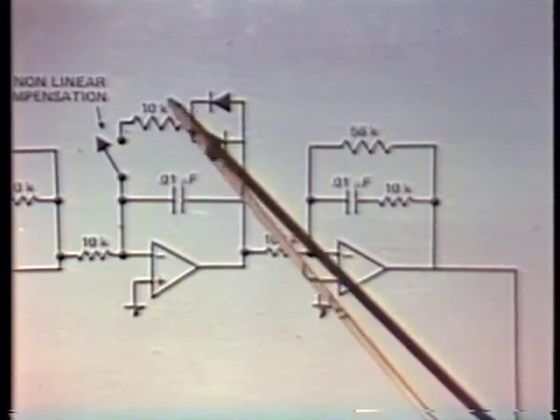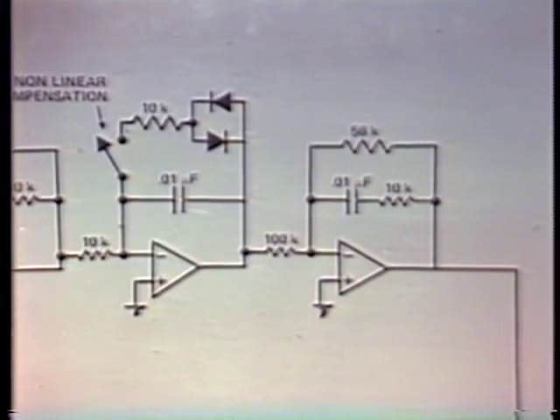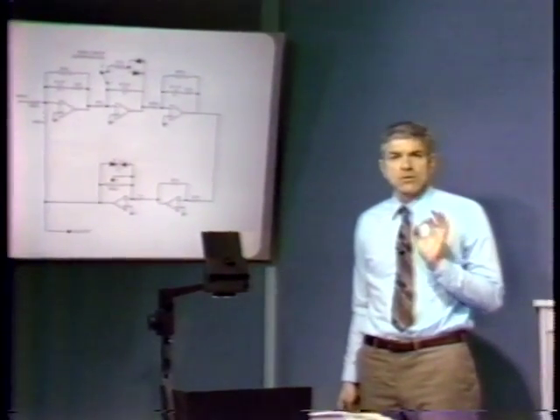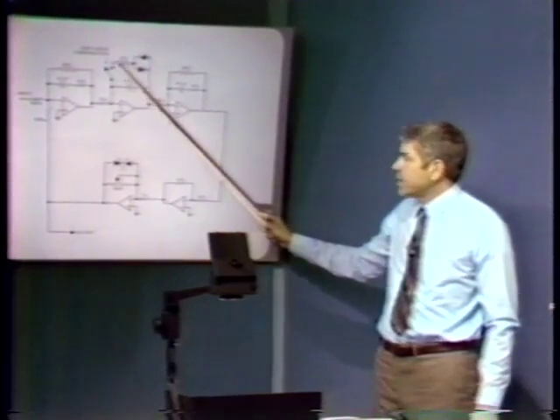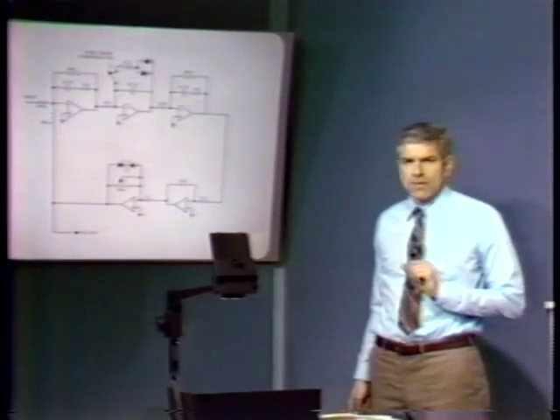We have the 10K resistor shunted across the feedback capacitor. So we have an interesting sort of adaptive compensation where when the system's behaving normally, when signal amplitudes are small, these diodes are open circuits, we can have the switch closed, nothing happens. The system behaves exactly as we showed it before.